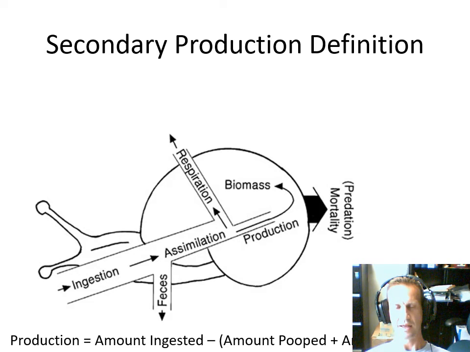So to figure out what we can actually quantify as secondary production in terms of what's going on with a heterotrophic organism, I've included this diagram that helps to explain it. So this is a snail. It could be a sea snail or a land snail, or it could be any heterotrophic organism. Not all heterotrophic organisms, because decomposers don't really ingest food, but any heterotrophic consumer ingests food, and you can quantify the amount of food ingested as ingestion.